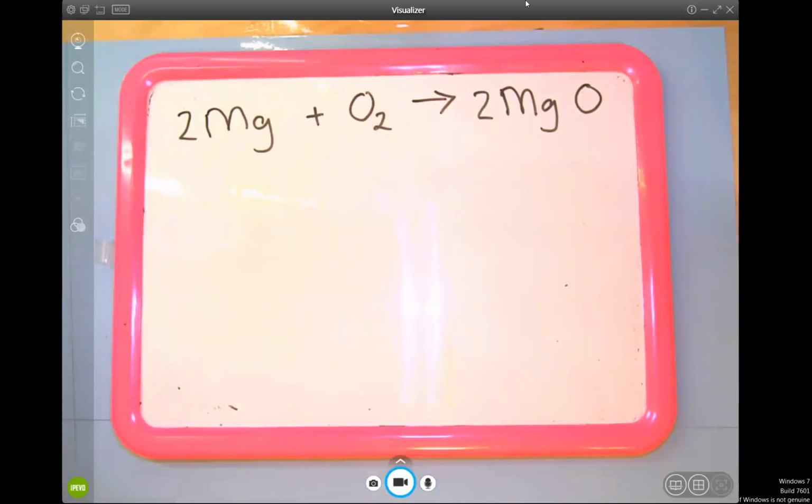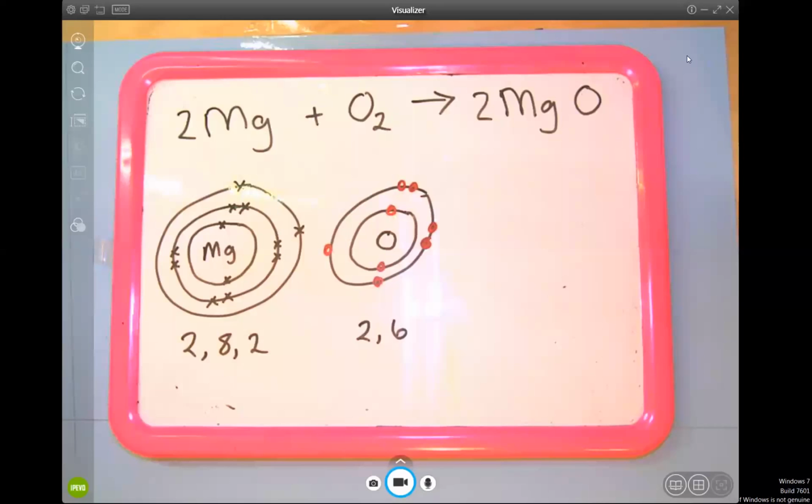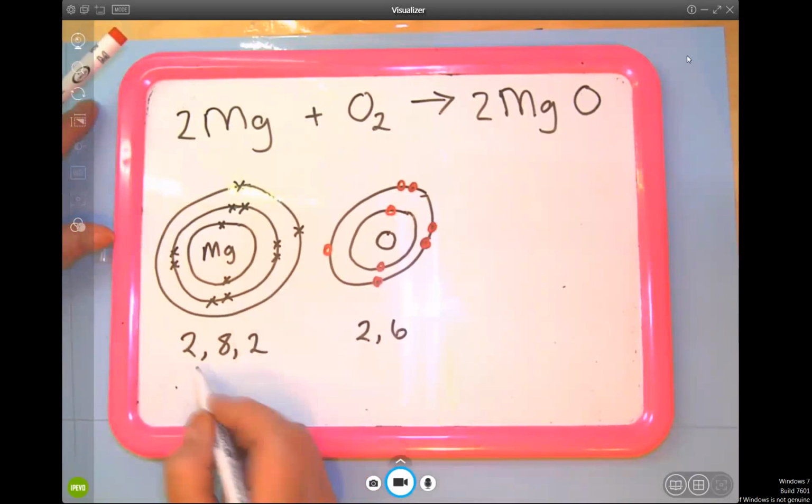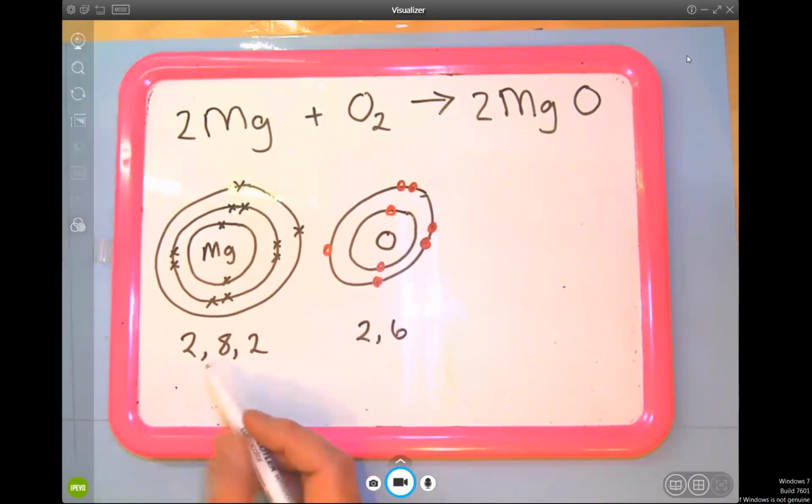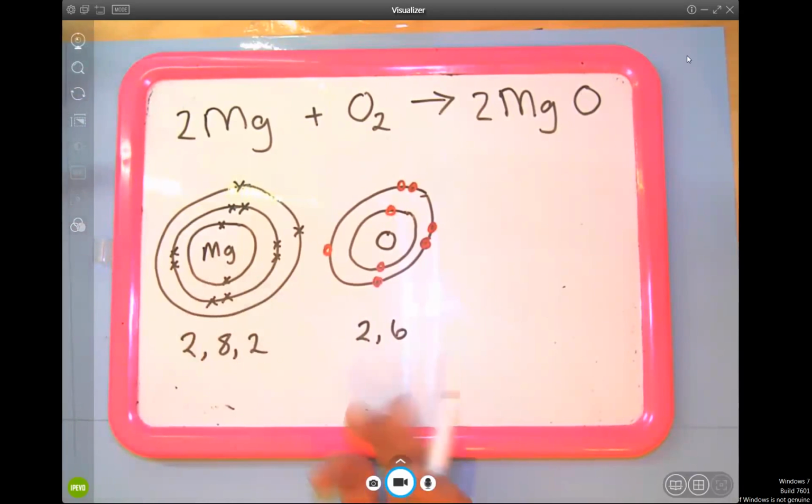I'll show you as an atom model. So here we've got a model of the magnesium atom and the oxygen atom. The magnesium atom, when we use the periodic table, we can see it's got 12 protons and so 12 electrons. The protons are in the centre, it's the electrons we're interested in.